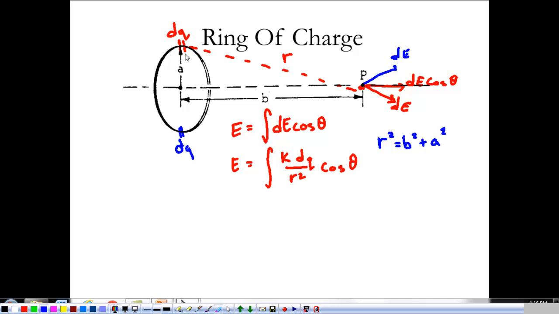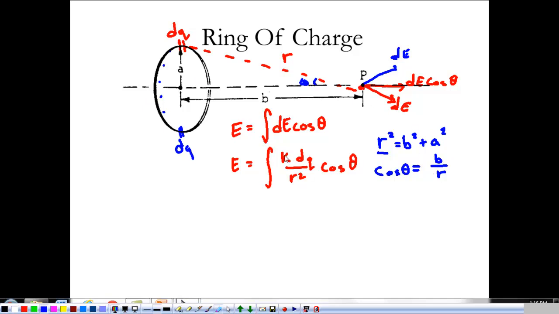And as we go around to different points on our ring, it's not going to change the value for A, and it's not going to change the value for B. So R is going to be a constant. Let's look at cosine theta. Now, we know that cosine theta, if this is my angle right here, is based on everything we have there. It's just B, that x value, over R. Well, R is not going to change as I go to different points on my ring, and neither is B.